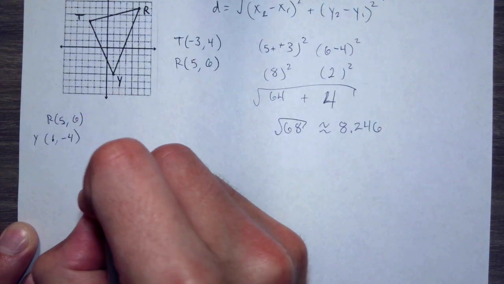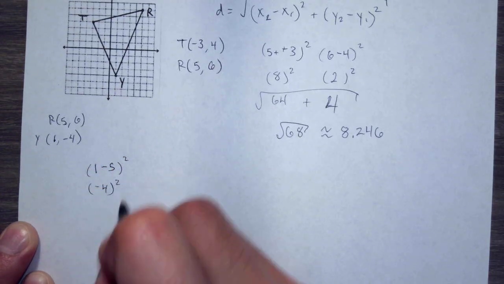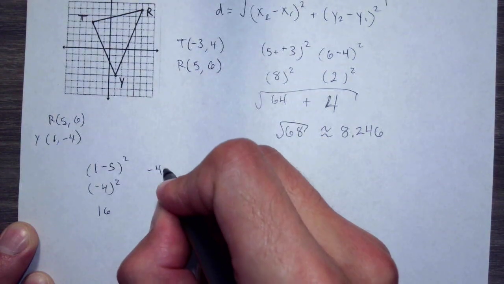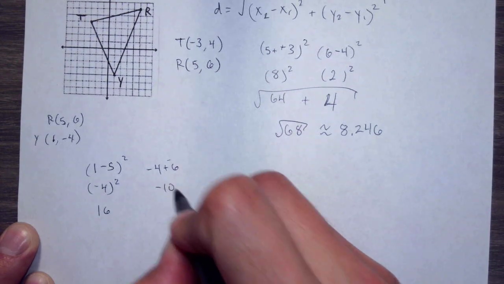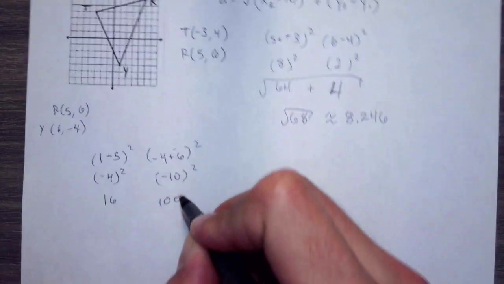So that'll be 1 minus 5, that's -4. Of course, I'm squaring this. So then I get 16. -4 minus 6, same idea, -10. And I'm squaring that, so 100.